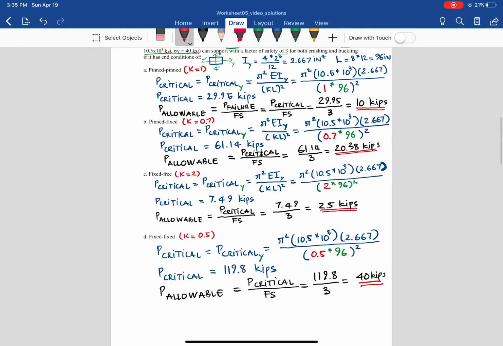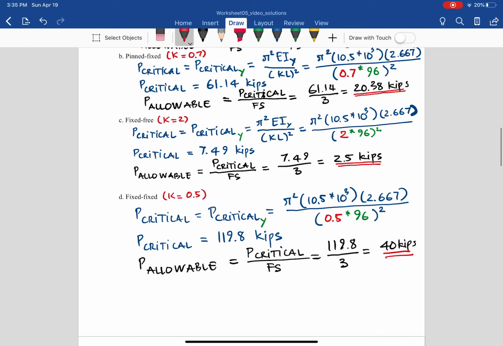If it's pinned, 10 kips; go to pin-fix, it doubles, allowable is 20.38. If it's fixed-free, it goes down to only 2.5 kips, and then fixed-fixed gets the maximum 40 kips, which makes sense: if you have good end conditions, the buckling chance is reduced, and the maximum allowable load can increase significantly.